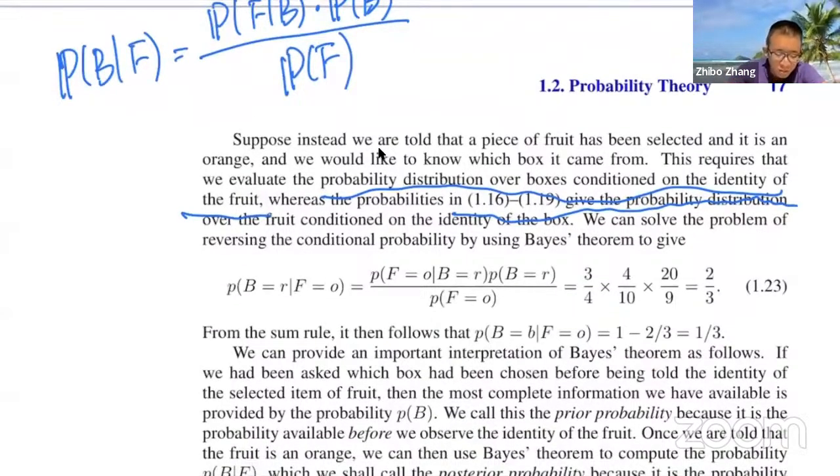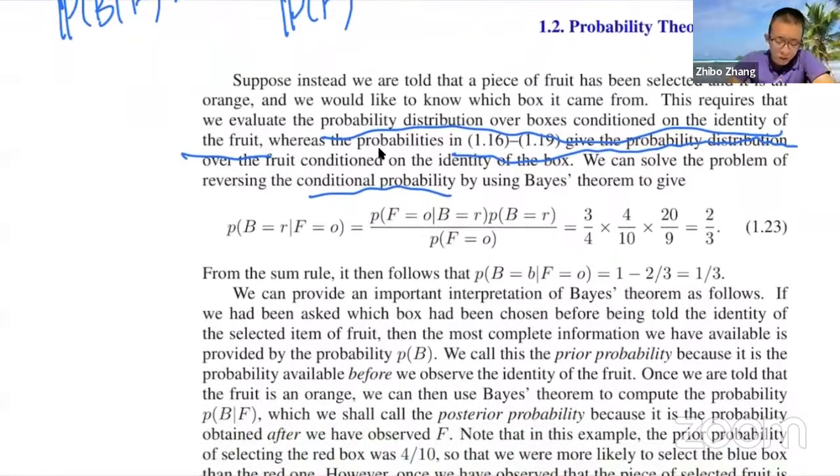We can solve the problem of reversing the conditional probability by using Bayes' theorem to give this. From the sum rule, it then follows that the probability of capital B equals small b, conditioned on capital F equals O, is 1/3.